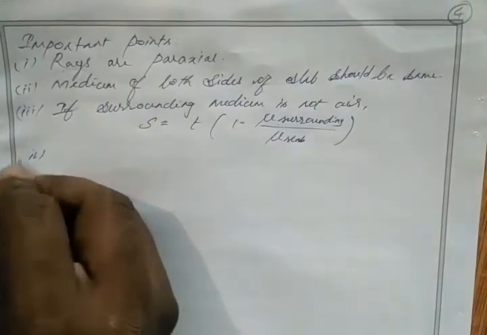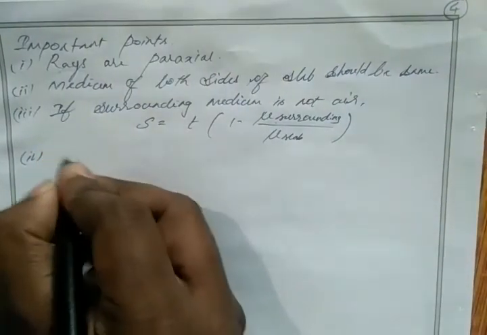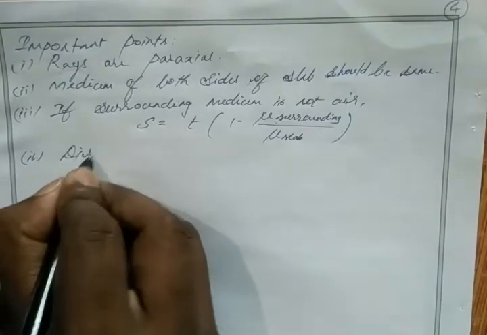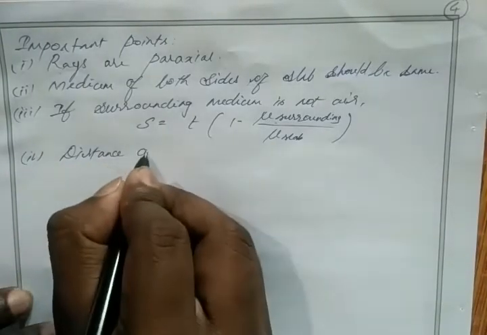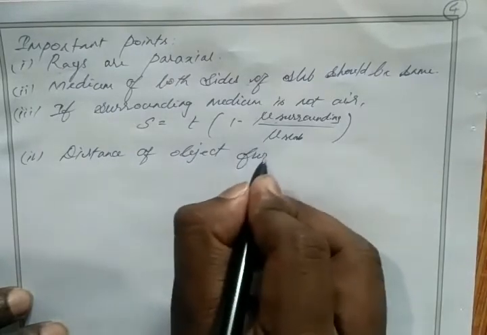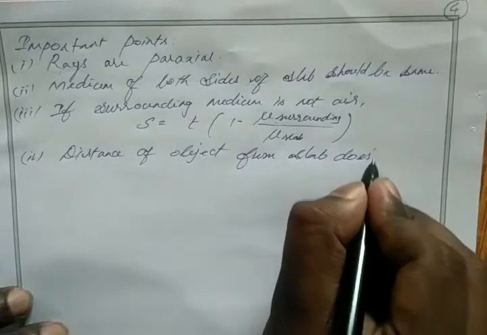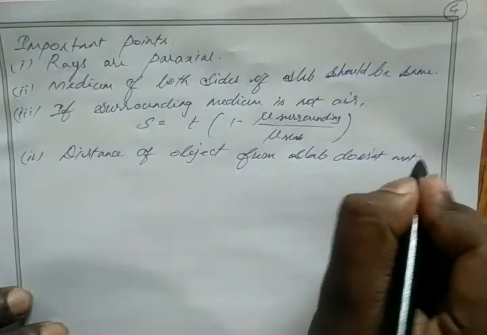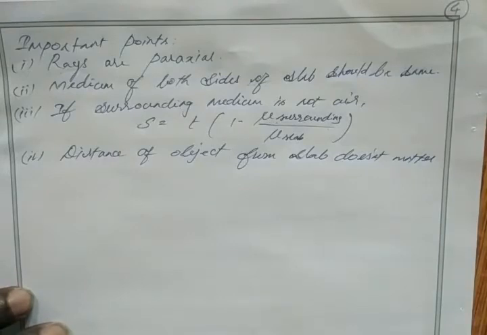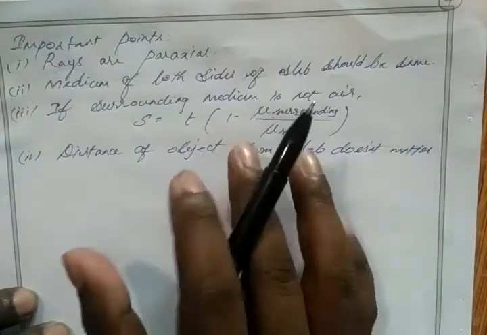Then the fourth point: the distance of the object from the slab doesn't matter. Why? Because if you see this formula, there is no symbol of x.